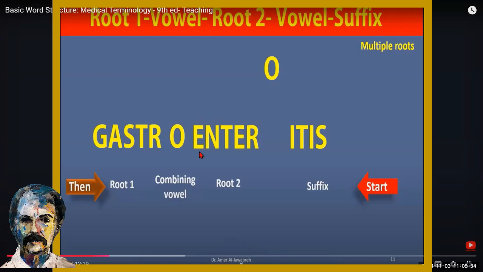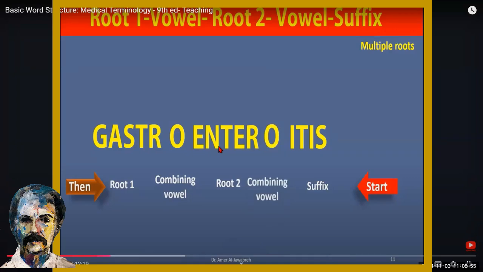And then at the same time, if you look here on this side, you have enteritis. Here, because the itis, which is the suffix, starts with an I, then we don't need the O. So please be careful here. We kept the O between the gastro and entero.